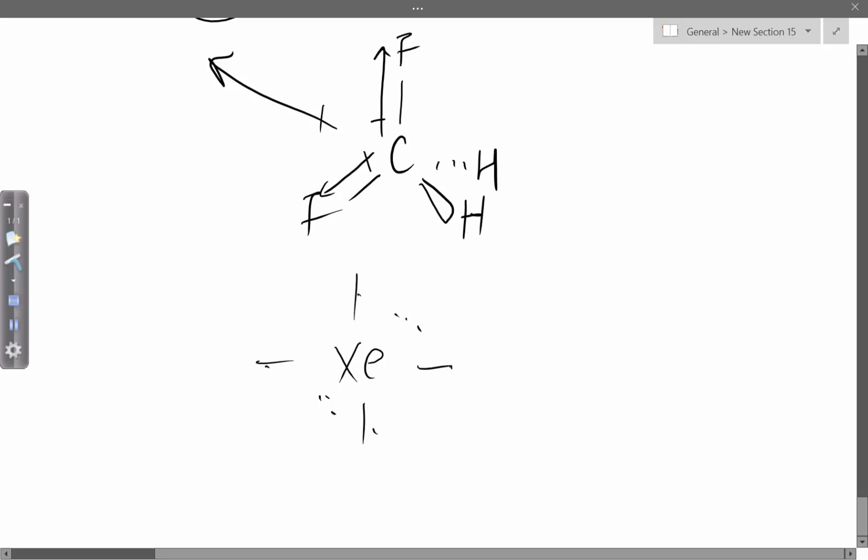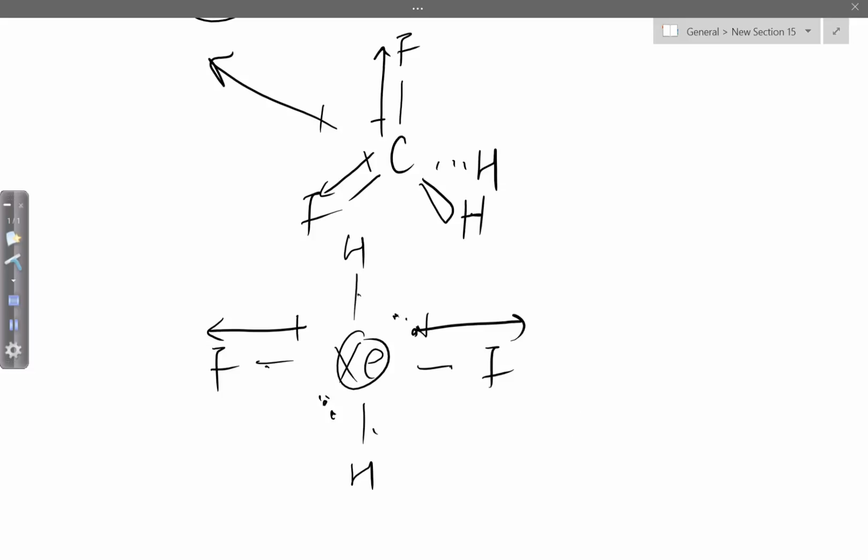Which means it's planar. So since it's planar, I have hydrogen here, fluorine here, fluorine here. The dipole moment of the bond is like that. So if you have a box here, pull it in vertically opposite directions with the same strength, it's not gonna move, right? So since it's not gonna move, that means it's non-polar.